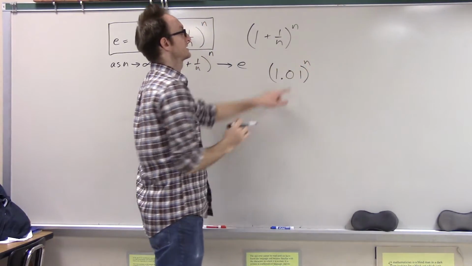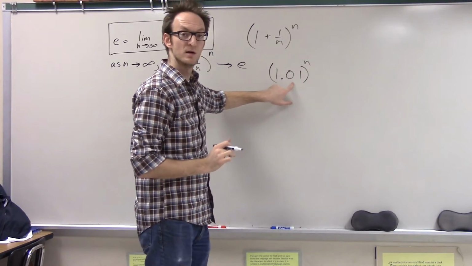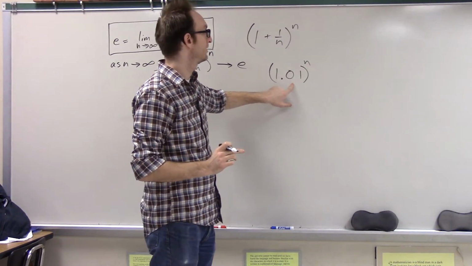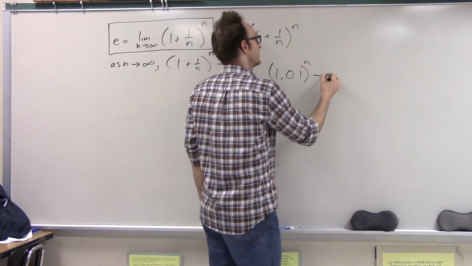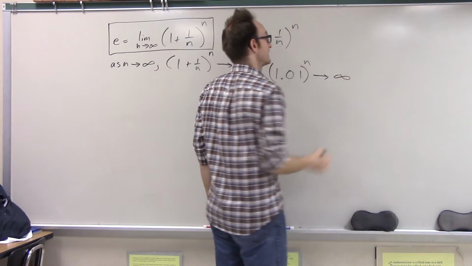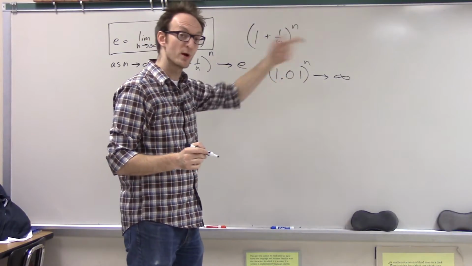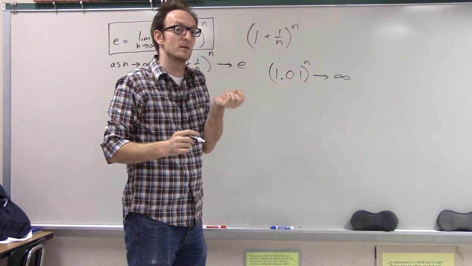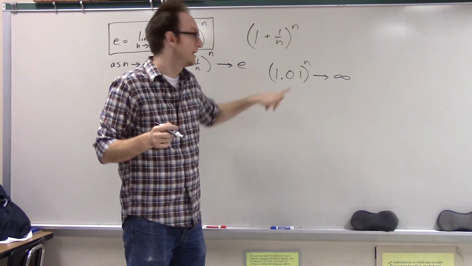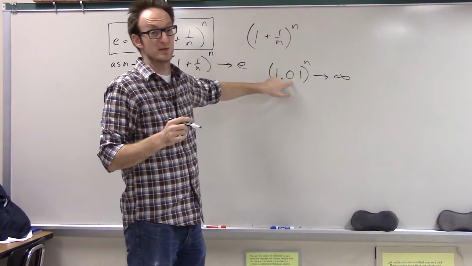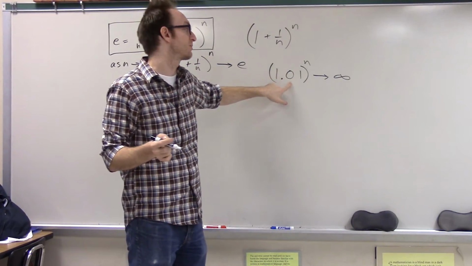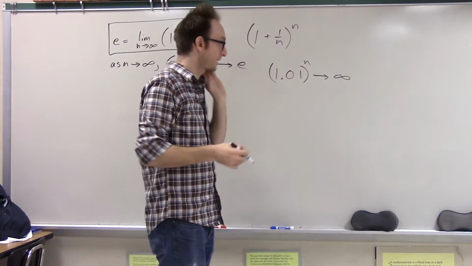What happens to this as n goes to infinity? Well, this is going to also go to infinity, because if you multiply something by something more than 1, it's going to get bigger. This is going to keep getting bigger and bigger. This is like 1% exponential growth, which will eventually grow very, very big.